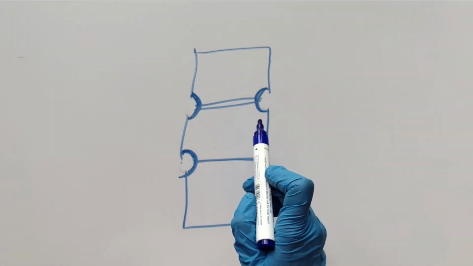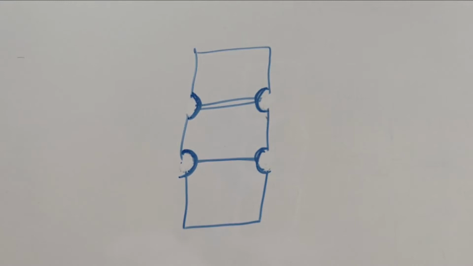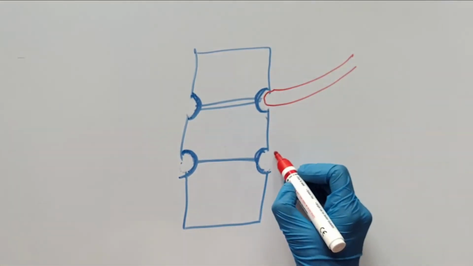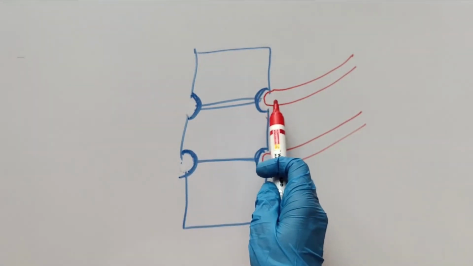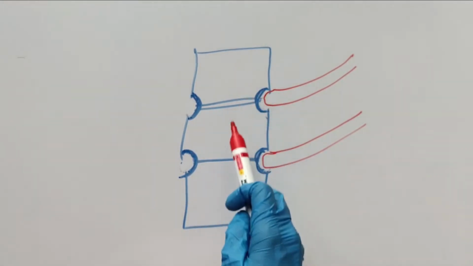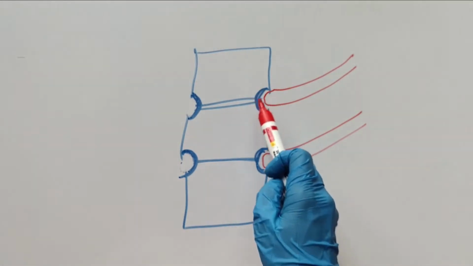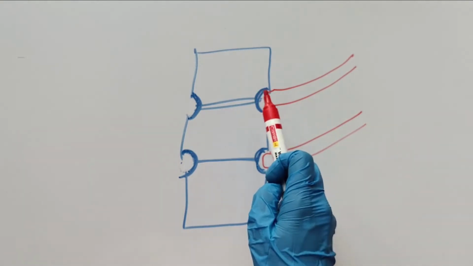These notches are formed by the superior and inferior costal facets together, and the whole of the head of rib articulates to these notches like this.